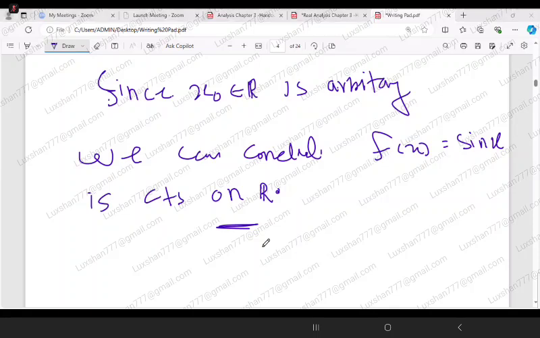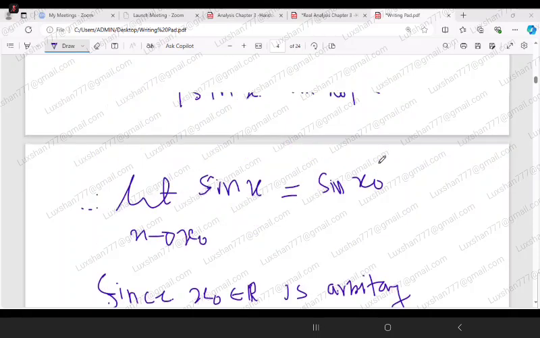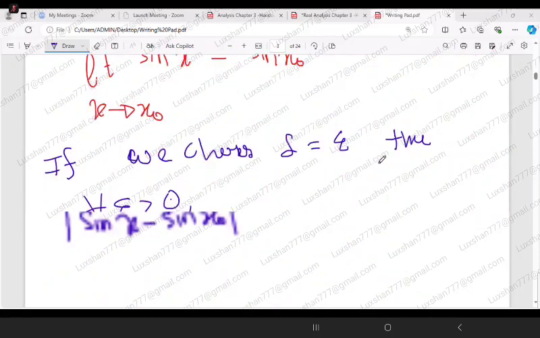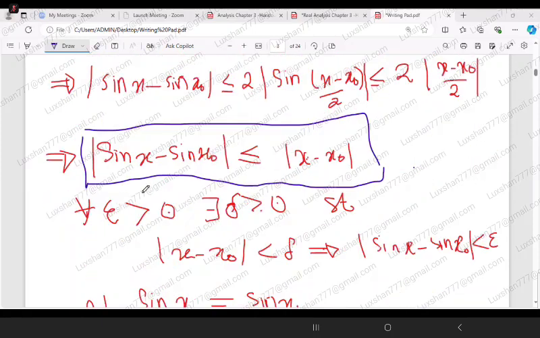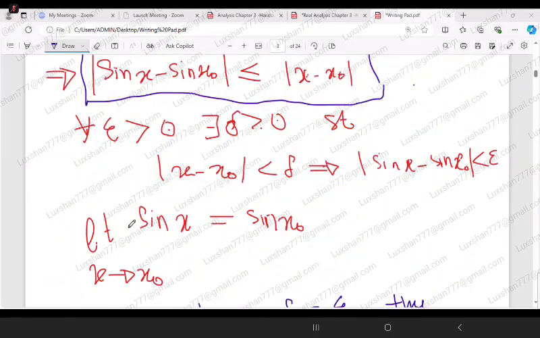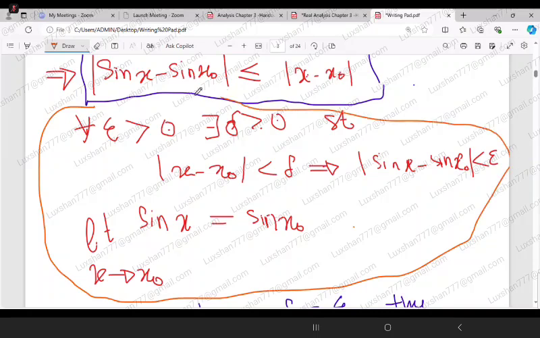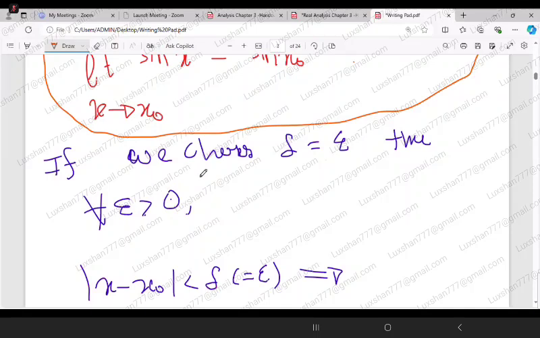What about others? Actually, you have to get the idea. So don't write this part. This is actually what we want. For that, we are trying to choose our delta.